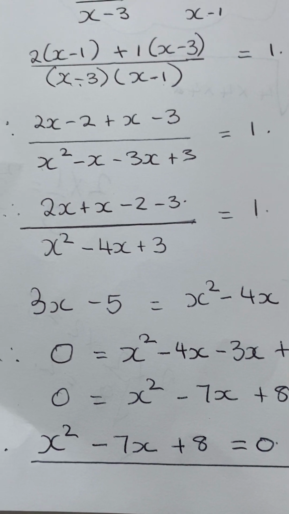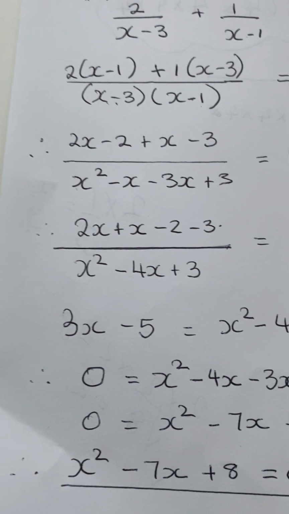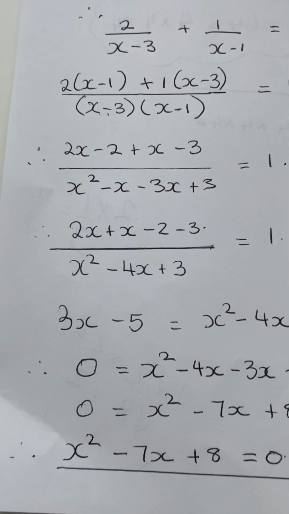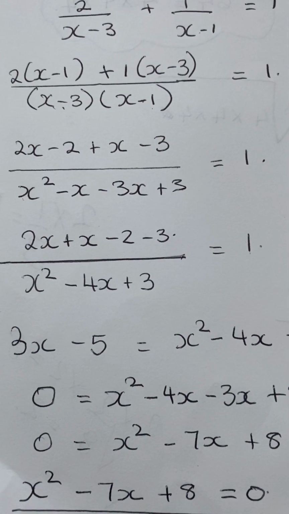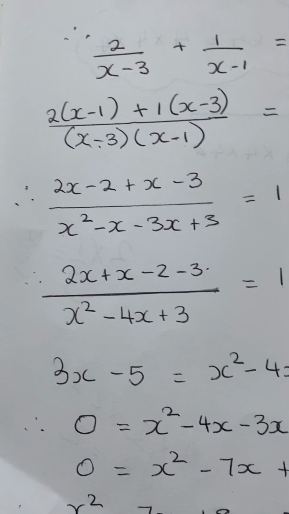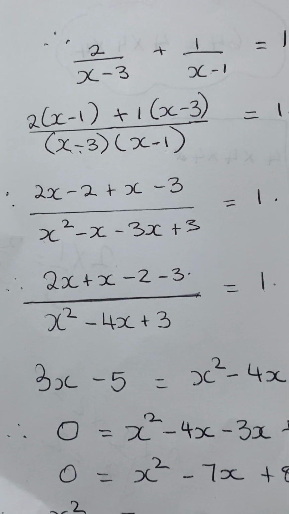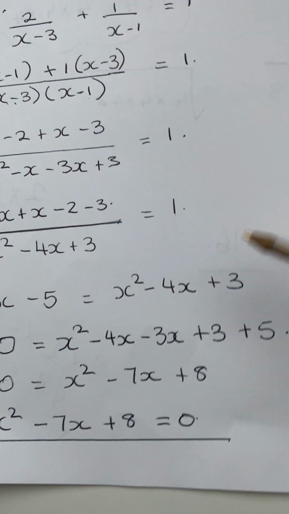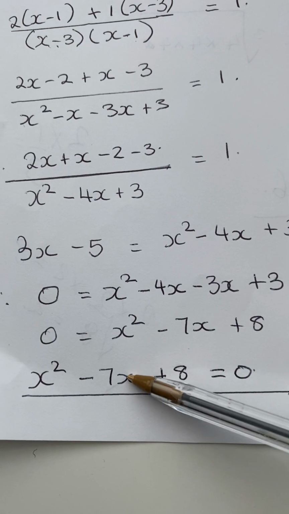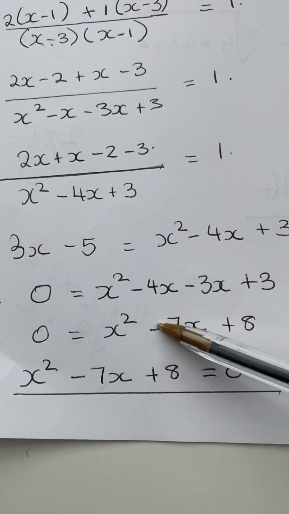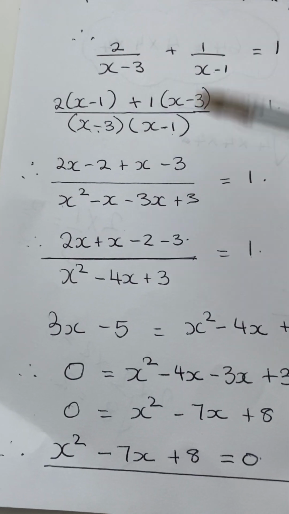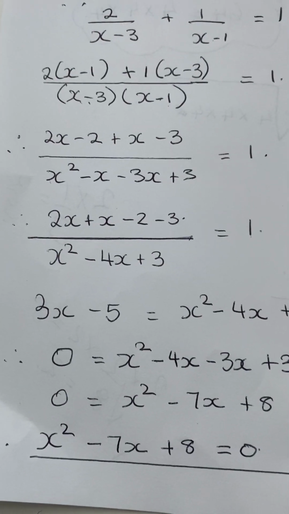Now under exam conditions, if you've been doing this a long time, you can skip some of the steps to make it shorter. But as I always say, I would rather have you do it step by step and get to the answer than to get to the answer and miss a symbol, and then you have to go all the way back and correct yourself.